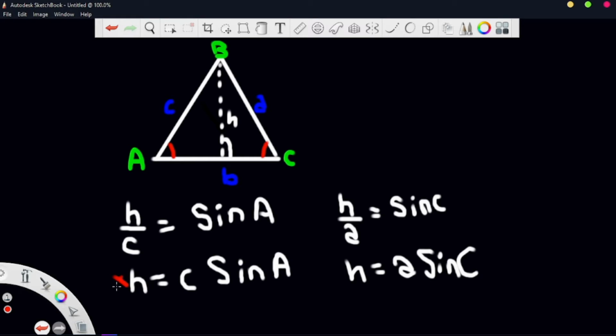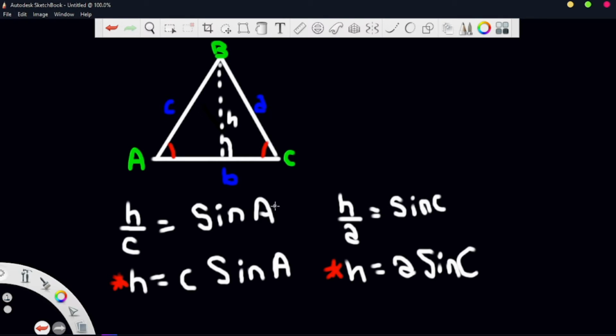These two are our main focus points. Since we know that C sine A and A sine C are both equal to H, we can just quote them.